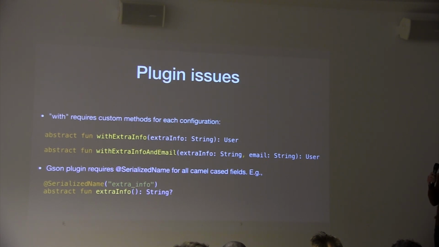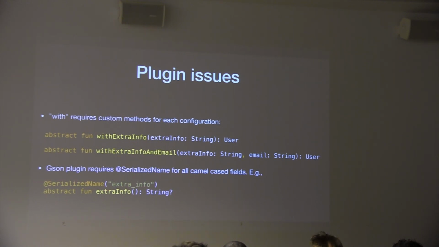And in our case specifically, using Gson, we are using a name policy configuration for converting camel-cased field names automatically into lowercase with an underscore separation. So Gson can do this automatically for you, but the AutoValue plugin we were using doesn't support it.